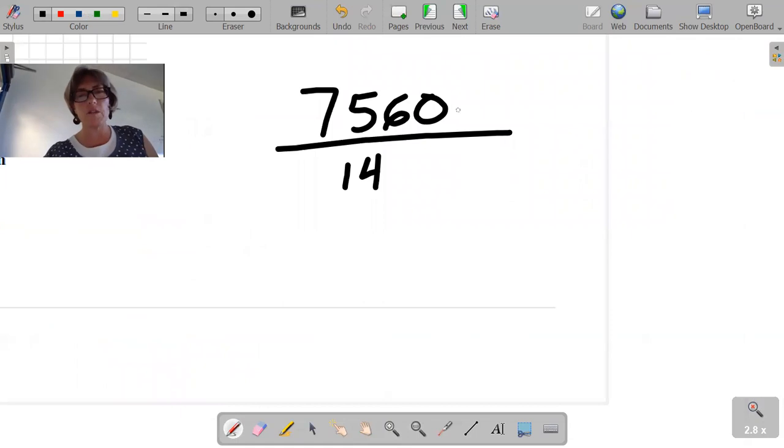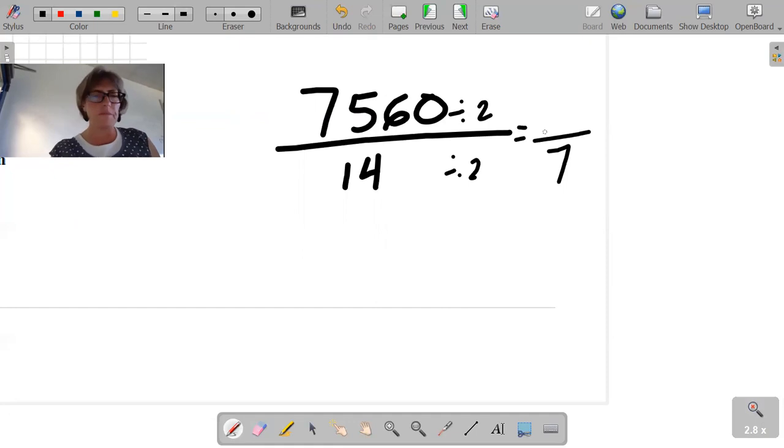We're going to divide both sides by 2. See what happens. Of course, that's 7.